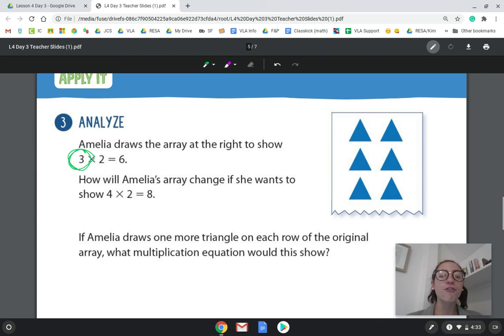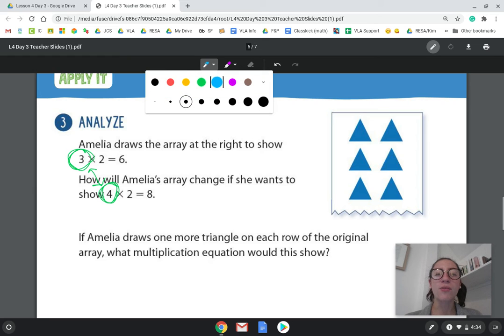So since 4 is the first number, we know that there will now be 4 rows instead of 3. So what are we going to need to do to our array over here, friends? Yes, we have to add a row. So let's add a row to these triangles.